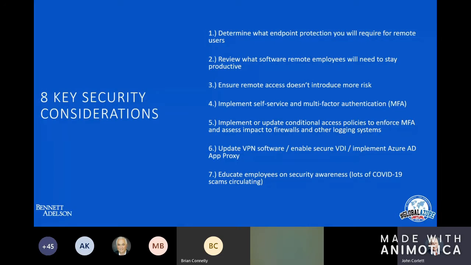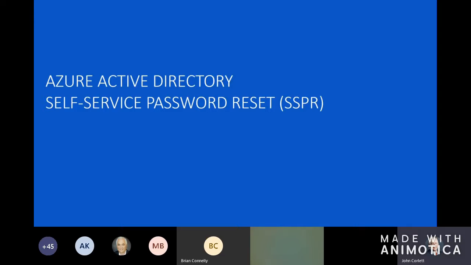Now, some of you may be going, well, I already have MFA turned on, or we already have self-service password reset. So I'm going to blow through some of these marketing slides on those, but I'm going to show you some new features they've turned on or new changes that may have occurred since you last set those things up. So I'd encourage you to stick around to see what those are.